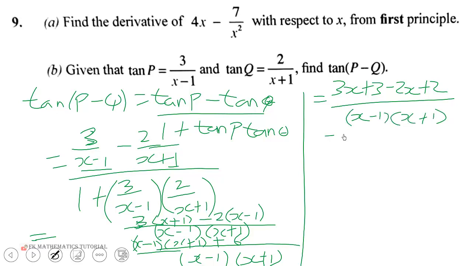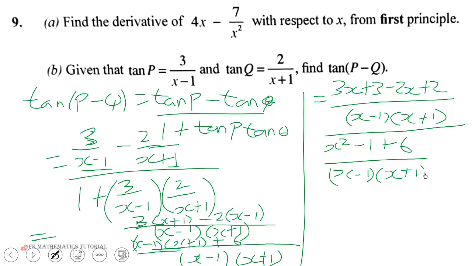So all divided by, when you expand this here, we get x squared minus 1 plus 6 all over x minus 1, x plus 1.